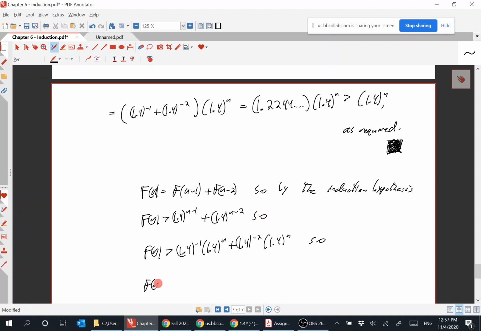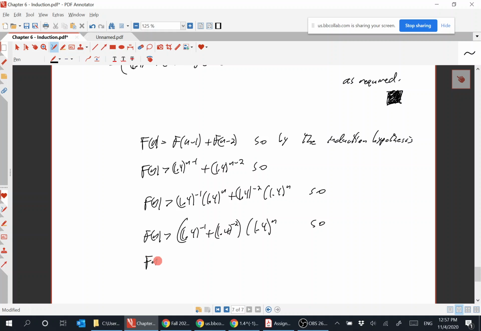So Fn is bigger than 1.4 to the minus 1 plus 1.4 to the minus 2, times 1.4 to the n. So Fn is greater than 1.22, like that. All right, well, how does that make sense?